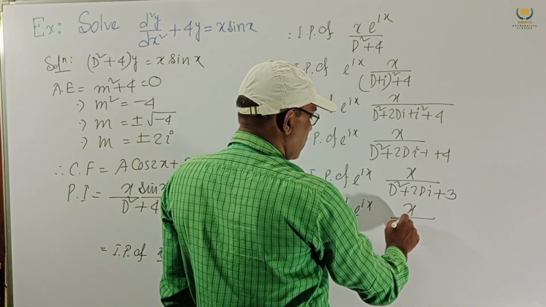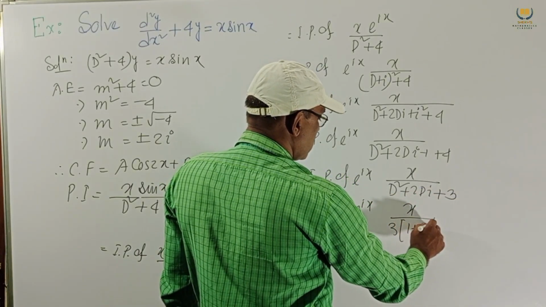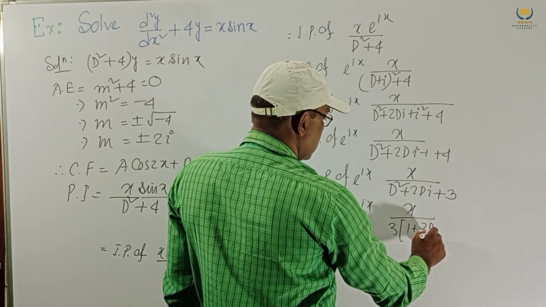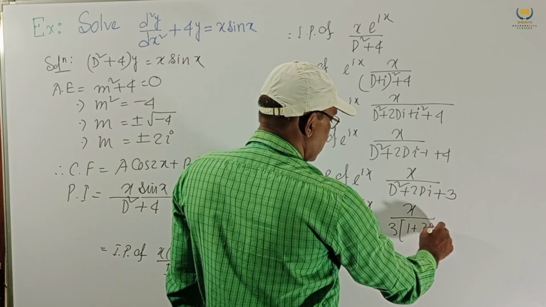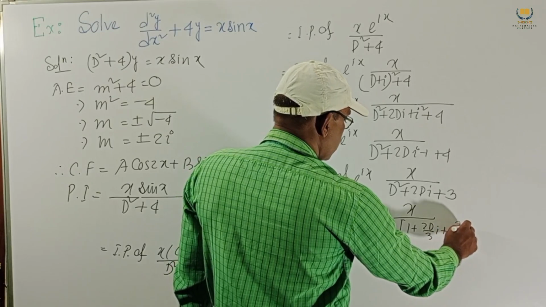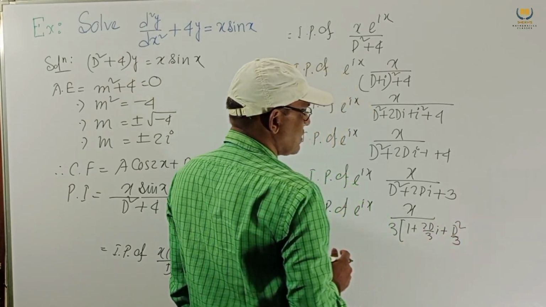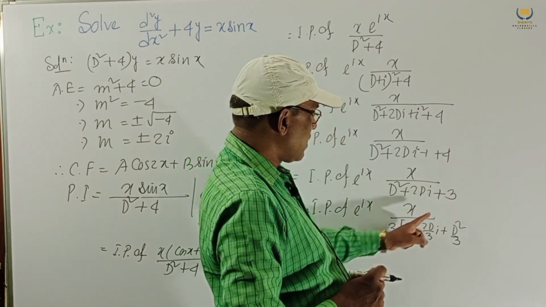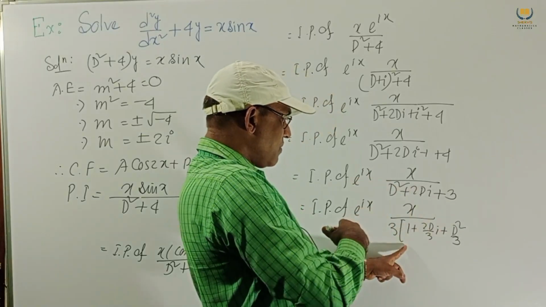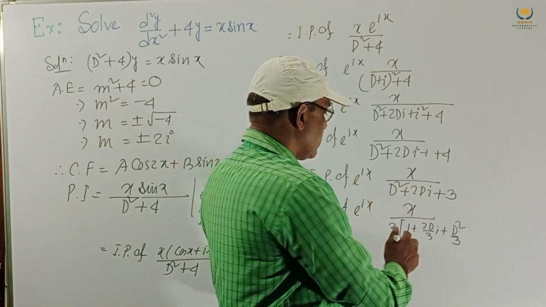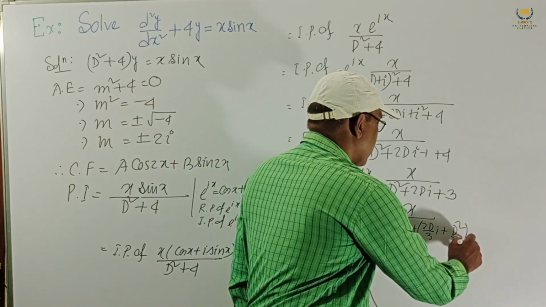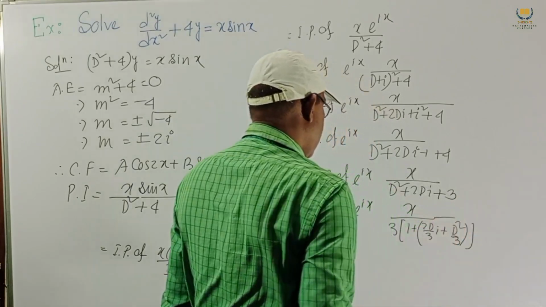Taking 3 common, we get 1 plus 2Di by 3 plus D² by 3, within the bracket.